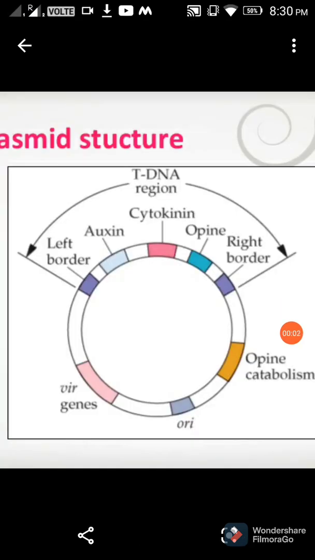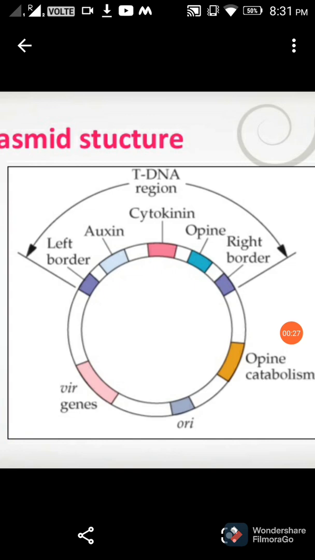So coming to the TI plasmid, I had already explained last time. I will just remind you that this plasmid is obtained from the bacterium Agrobacterium tumefaciens. This is a pathogenic bacteria, a gram-negative soil bacterium, which is a plant pathogen.